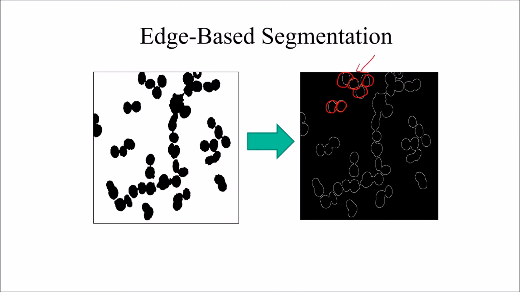Based on the number of circles, we can say this area belongs to 4 circles, this is 2 circles, and so on. If we continue the whole process, we can estimate how many circles correspond to the red blood cells that appear in this image. So that's one of the implementations of the edge that you will determine from the segmented binary image.